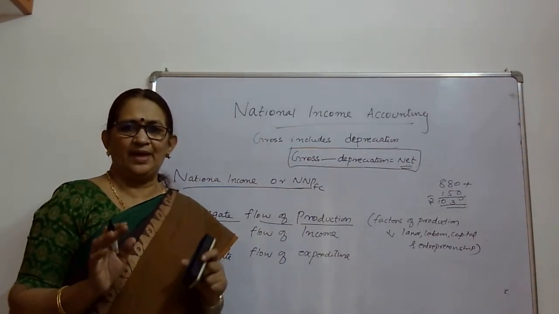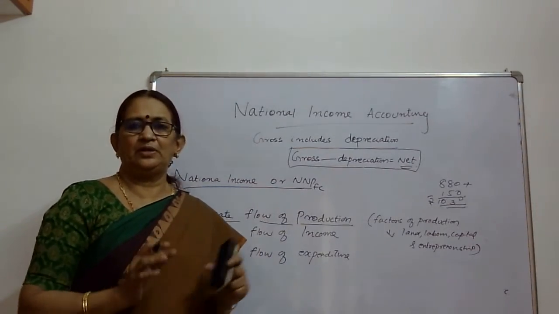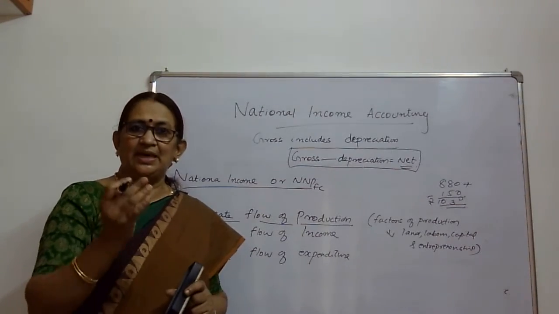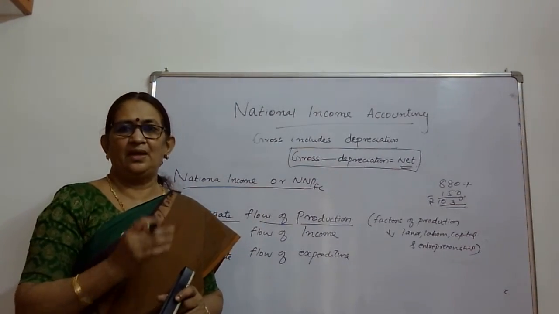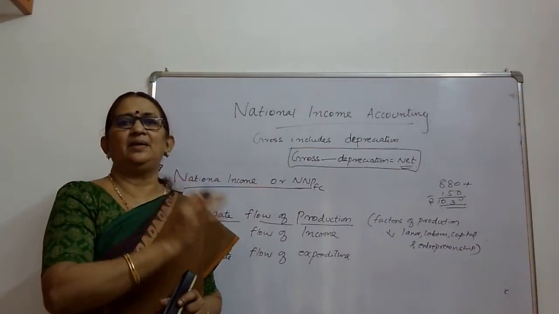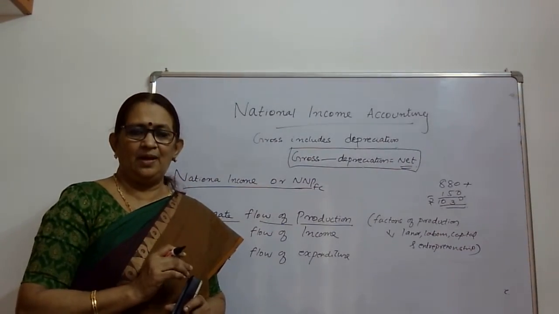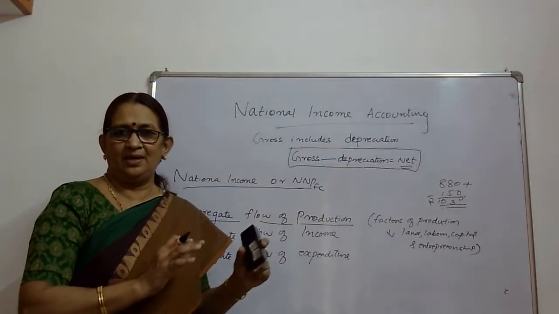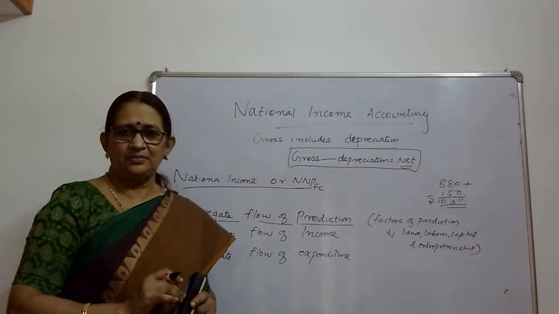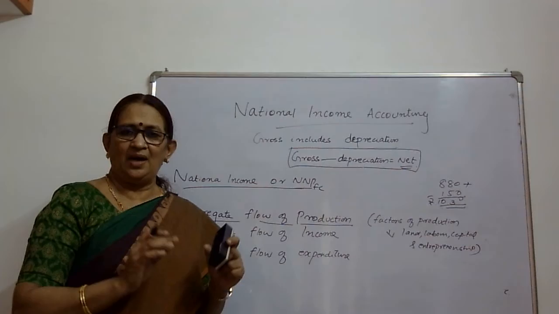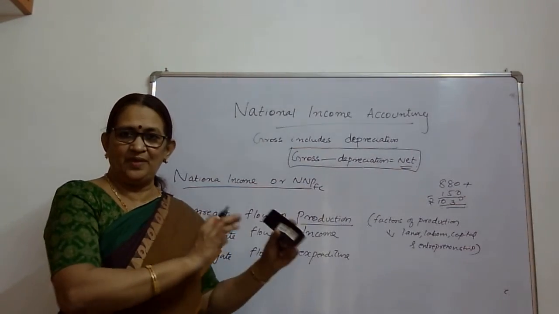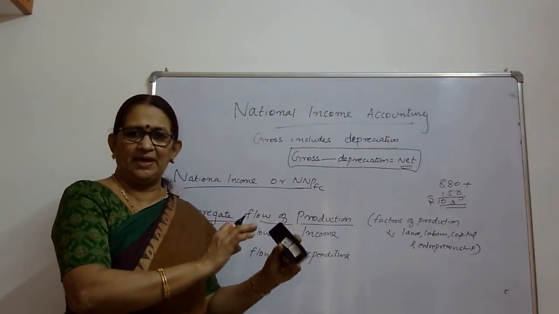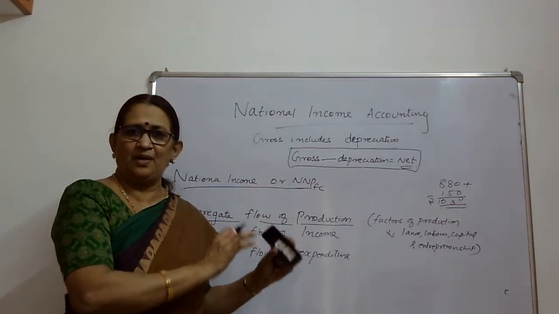And while these factors are helping for the production of goods and services, they derive an income. The producers are giving income to these factors. All the income, it goes to the household. The firms are getting income, households are getting income. But these factors of production, land, labor, capital, entrepreneurship are coming from a household.